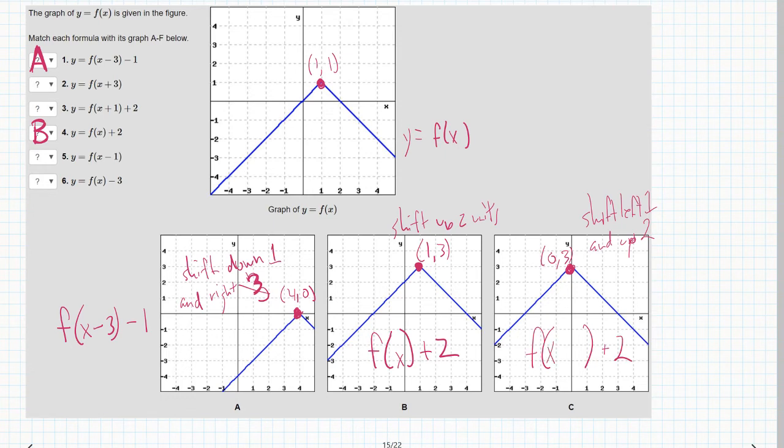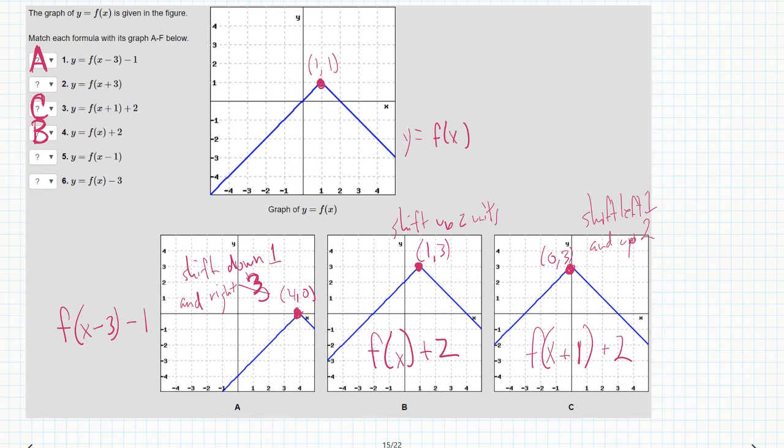Now to shift left we go plus, and we're going 1 unit, so we'll put a 1 right there. And so that means we have y equals f of x plus 1, plus 2, and so C should go right there. And the other ones are just trying to fool you. Okay? Questions on that? So seeing the transformations, how we work those.